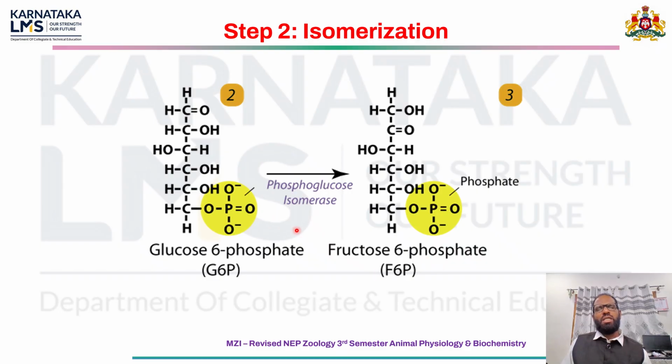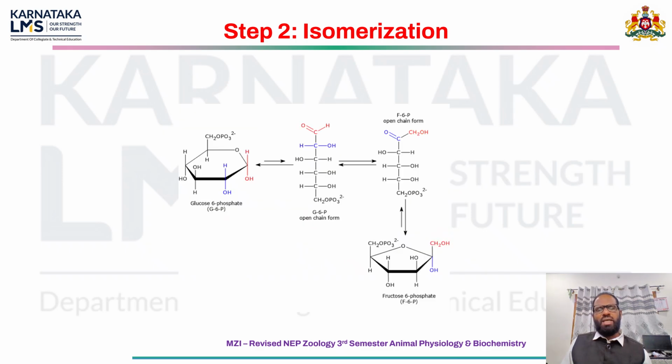Here you can find that the glucose is going to be converted into the fructose. But it is not easy to convert glucose 6-phosphate into fructose 6-phosphate, so a sequence of reactions takes place. Most of the time, glucose 6-phosphate is present in a pyranose ring structure. This pyranose ring will open into the open chain form, and only once it is in the open chain form can glucose 6-phosphate be converted into fructose 6-phosphate.